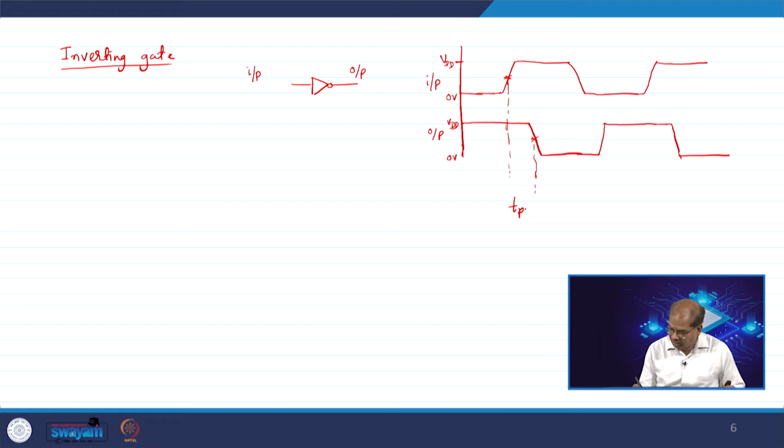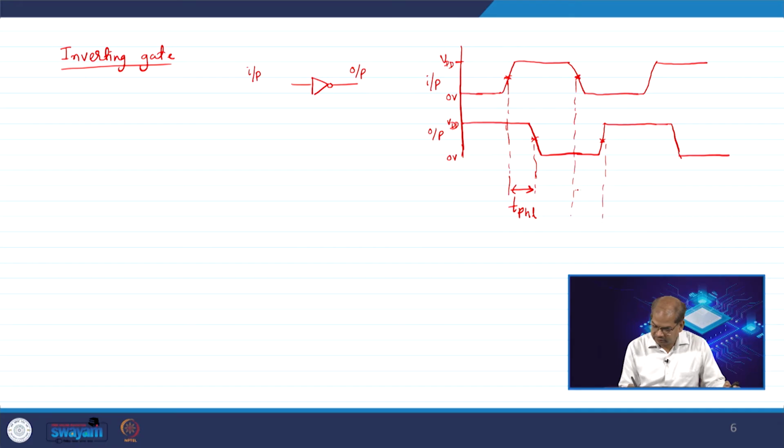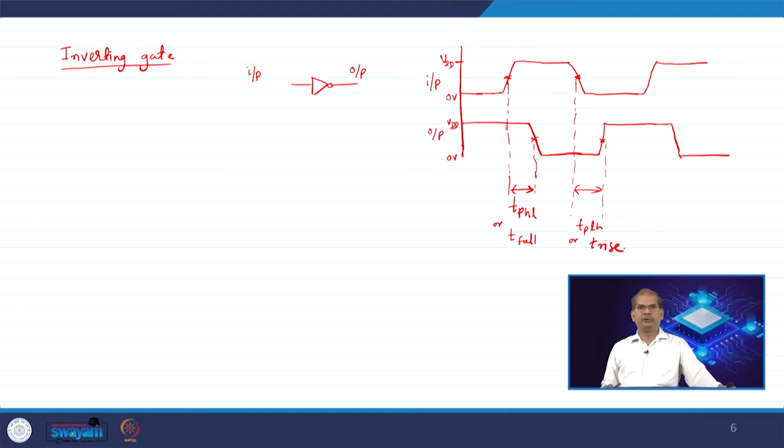So this delay is basically TP high to low. Similarly, if you take this point and this point, the output is rising, so it is called TP low to high, or I can write this as T rise. This is for an inverting gate.